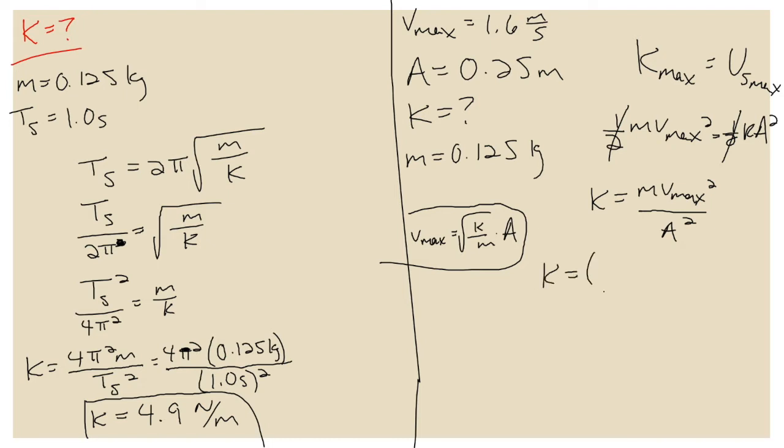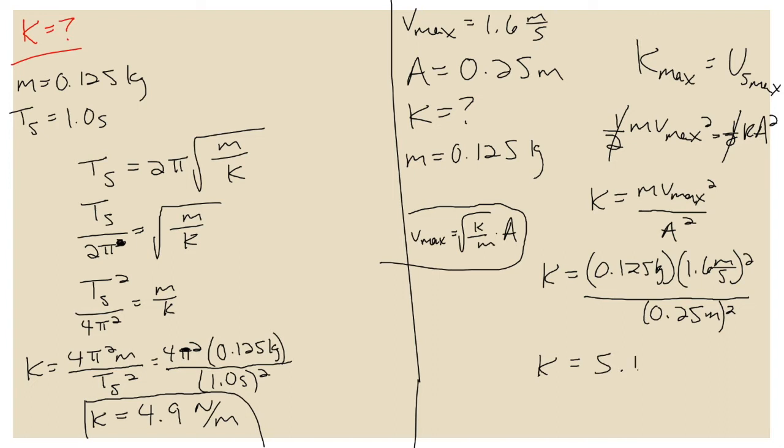So if we plug in the numbers, 0.125 kilograms times our v max, 1.6 meters per second, squared, divided by the amplitude of the oscillation squared, 0.25 meters squared, we end up getting a spring constant of about 5.12 newtons per meter.